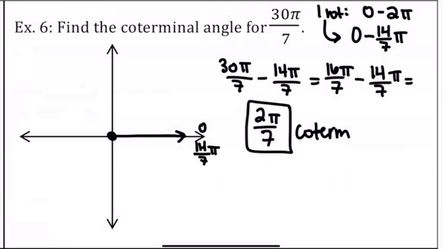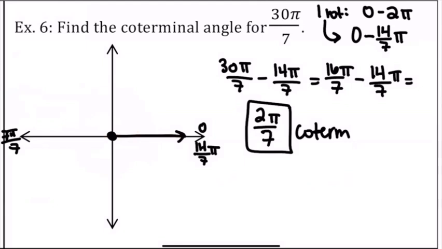Half of that would be 1 pi, which would also be called 7/7, right? Because 7 divided by 7 is 1, just like 14 divided by 7 is 2. So if I know this is 0, I know this is 7, I know this is 14 over 7, 2 is going to be somewhere in here.